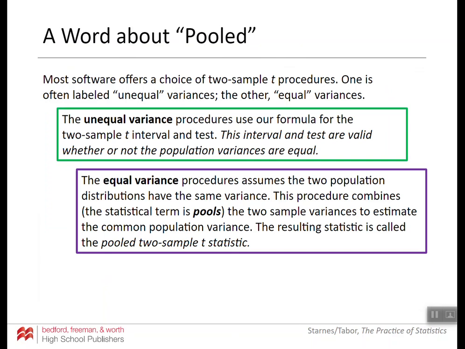The unequal variance procedures use our formula for the 2-sample t-interval and test. This interval and test are valid whether or not the population variances are equal. The equal variances procedure assumes that the 2 population distributions have the same variance. This procedure combines them into pools, and this is called the pooled 2-sample t statistic.